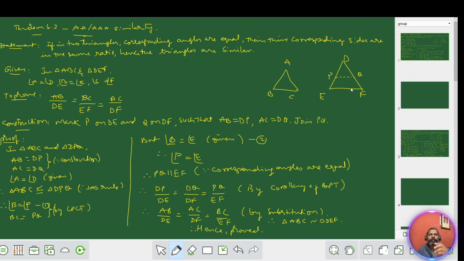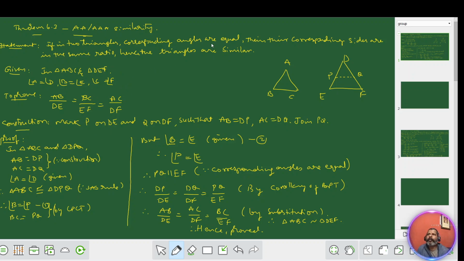They are the corresponding sides. See, when you write the triangle names itself, you should be able to identify. ABC if I write, DEF if I write, AB and DE are proportional corresponding sides. BC, EF, CA, FD or AC, DF. Okay, the corresponding sides and corresponding angle words play a very important role in similarity.